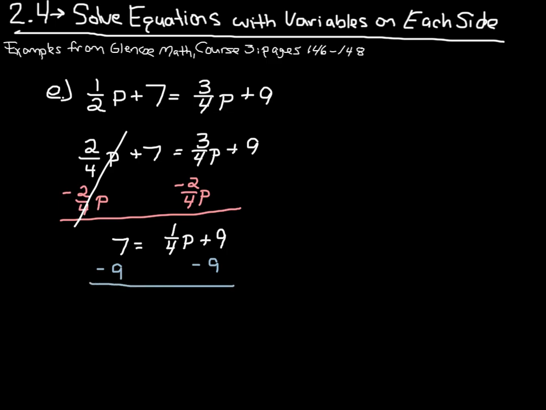And remember that 7 minus 9 is a little bit different than 9 minus 7, because 7 minus 9 is -2 equals 1/4 P. Now think back to the first lesson in this chapter. We can multiply by the reciprocal of 1/4, which is just 4, on both sides of our equation here. This cancels out. We're left with -8 equals P.